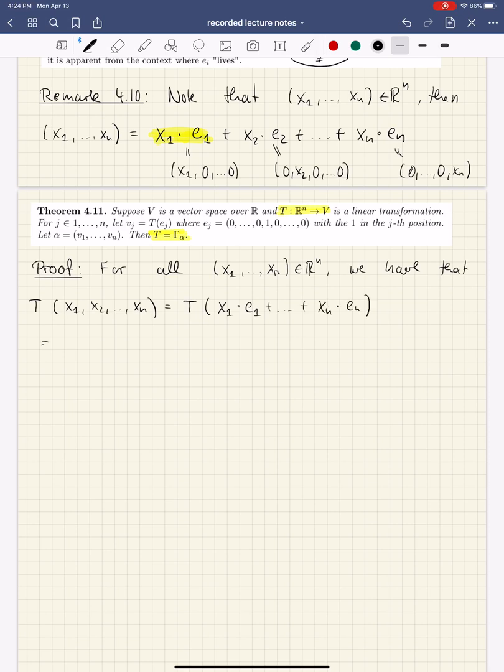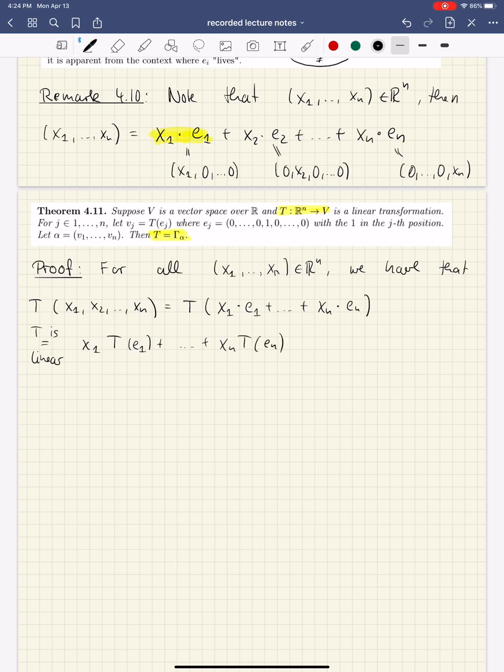Well, next we can use that T is linear. So we can pull the T inside. And so how did that help us?